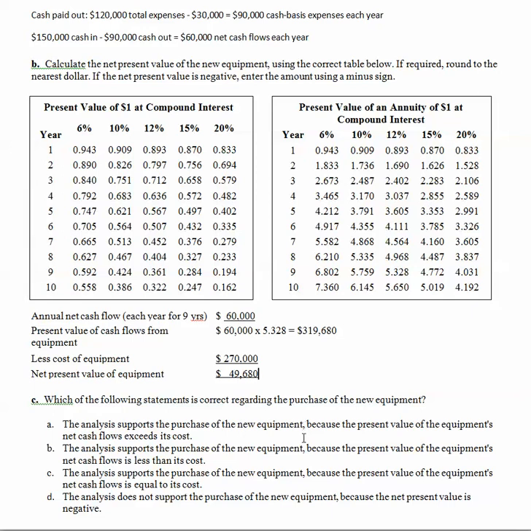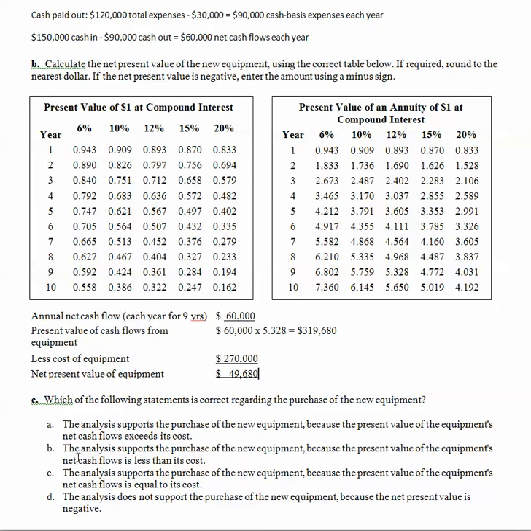Does the analysis support the purchase of the new equipment? Yes, it does, because it's earning more than 12%. It has a positive return. So that first half of option A is correct, because the present value of the equipment's net cash flows exceeds its cost. That's true. So maybe the answer is A.